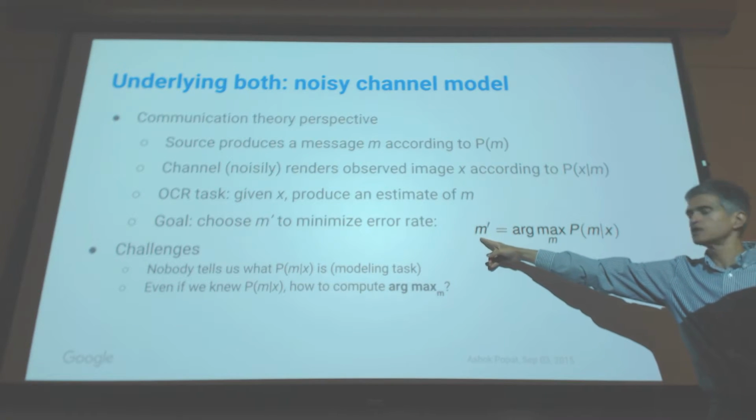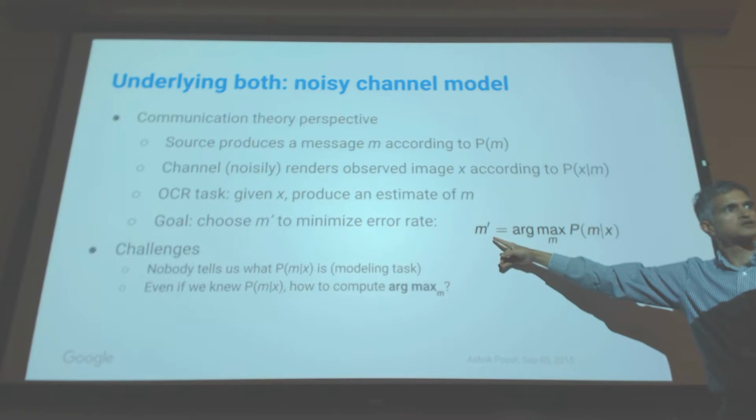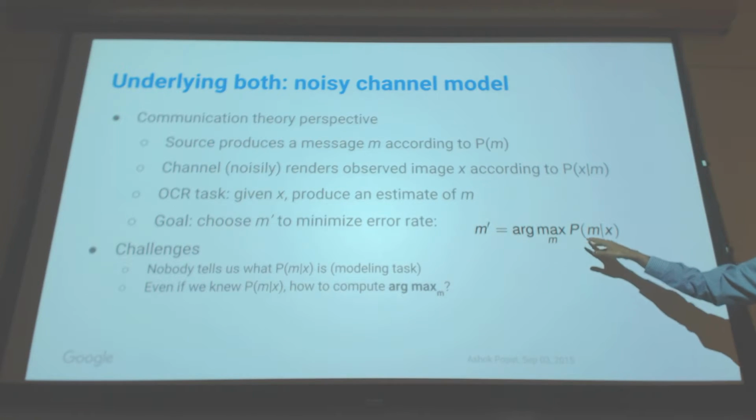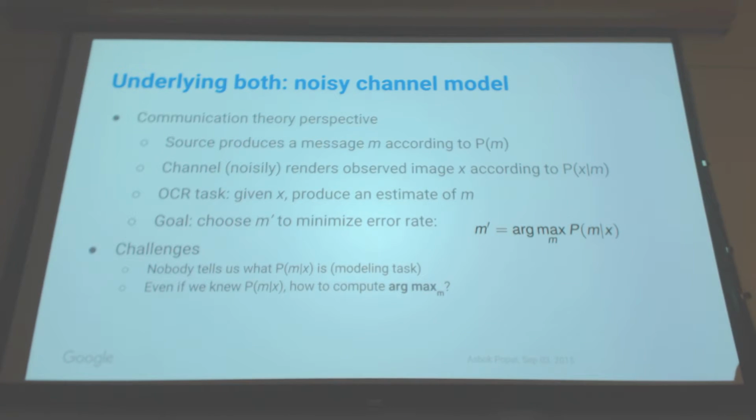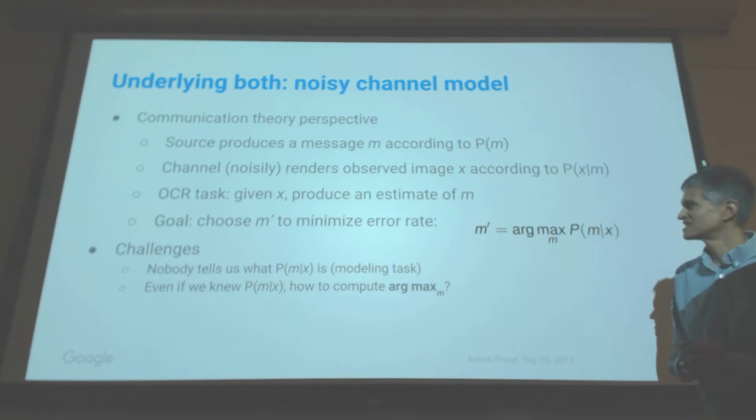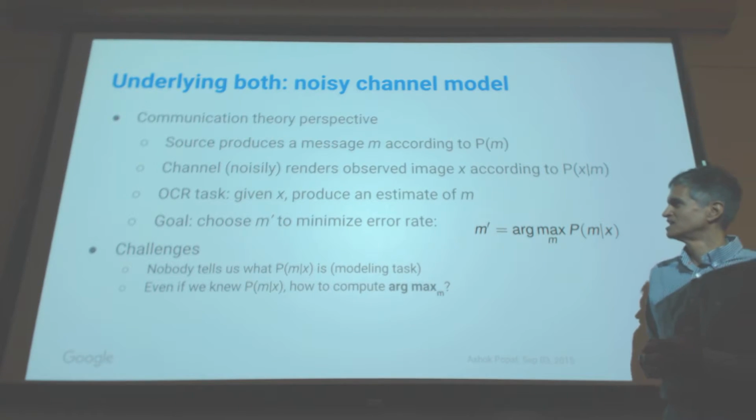So choose the value of M as your estimate which maximizes the posterior probability P of M given X. We know that will minimize the error rate at the line level. That sounds good, right? Who can argue with that? People do, but let's assume that it's reasonable.